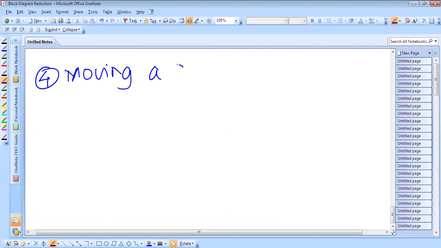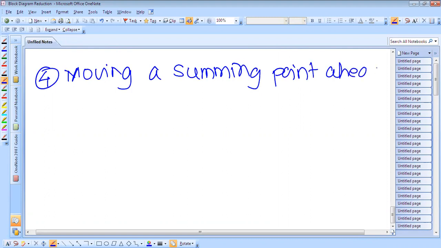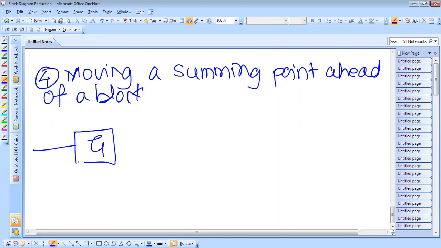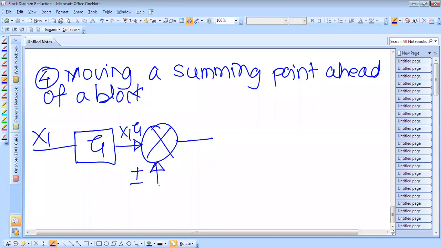Moving a summing point ahead of a block means, see, this is the block with gain G and this is a summing point. This is the x1 input signal. So what will be here? It is x1G. There is one feedback, plus minus, and the signal coming is x2.